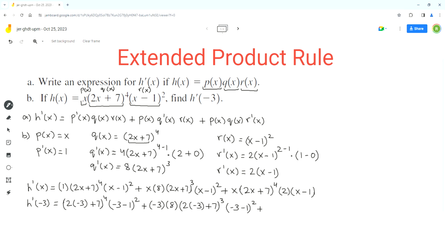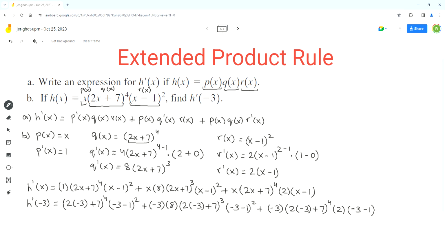Now the third part, plus negative 3 times (2 times negative 3 plus 7) exponent 4 times 2 times (negative 3 minus 1).